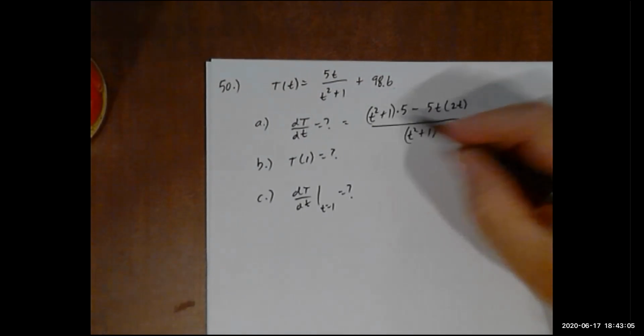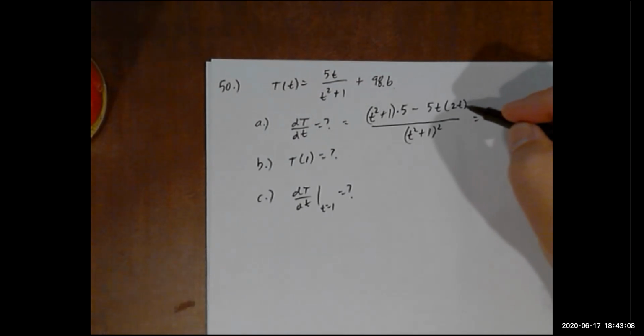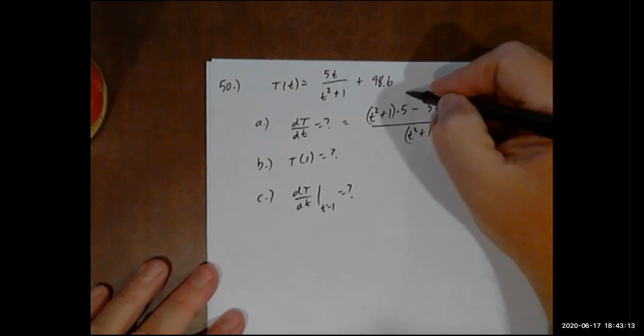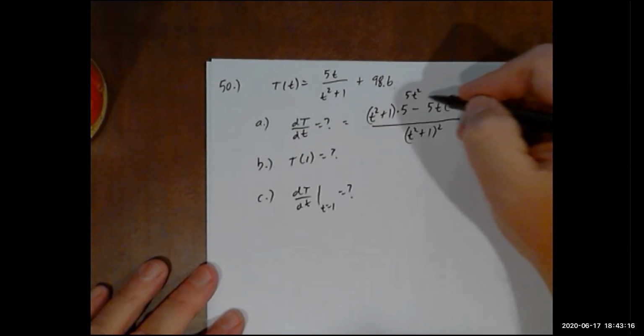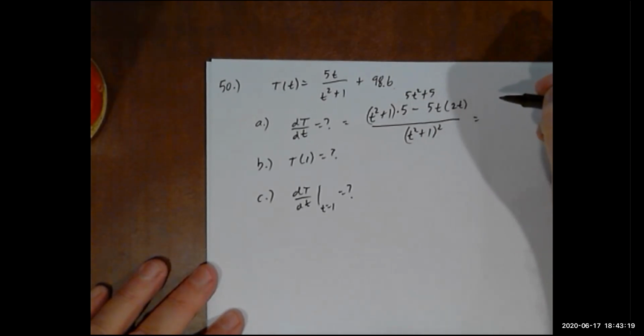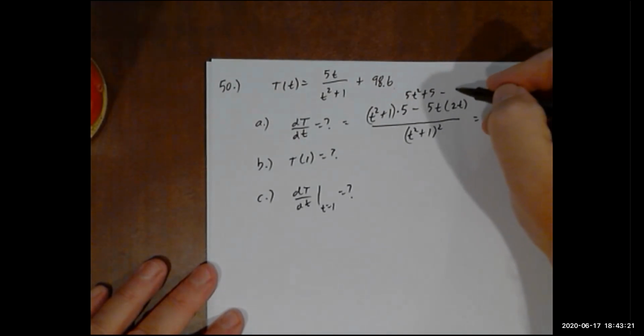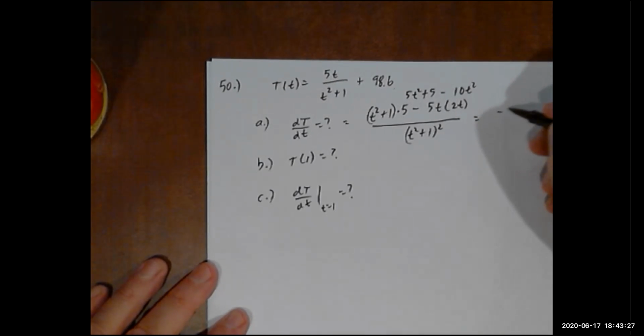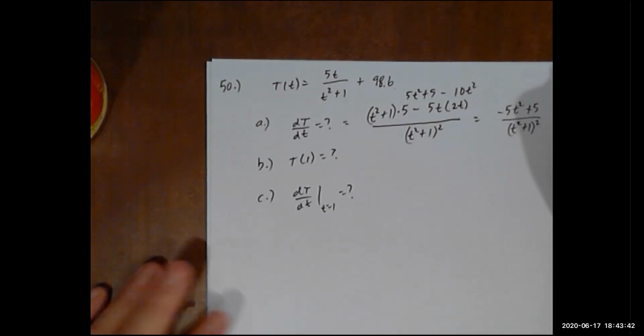Now let's see if we can simplify. Let me just do it here to save room. This is going to be 5t squared plus 5 minus 10t squared. So it looks like it's going to be negative 5t squared plus 5 over t squared plus 1 squared.